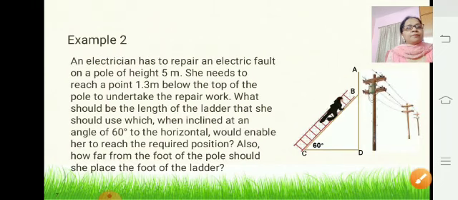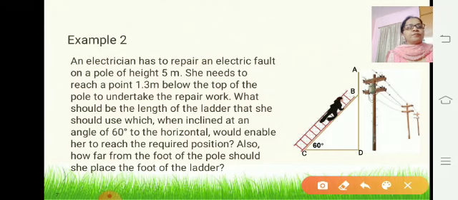Second example. An electrician has to repair an electric fault on a pole of height 5 meters. She needs to reach a point 1.3 meters below the top of the pole to undertake the repair work. So the length of the pole is AD.